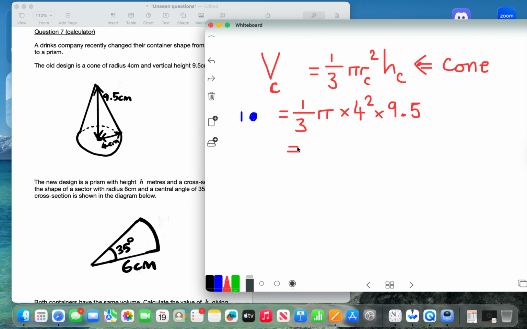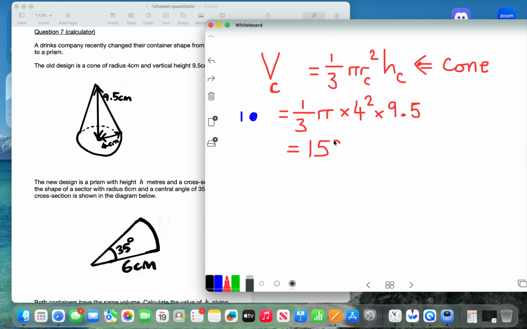I'm going to then evaluate this, although you technically don't have to at this stage, but it makes it a bit easier. And I'm getting 159. I'm going to check this twice just to make sure I've done it okay.